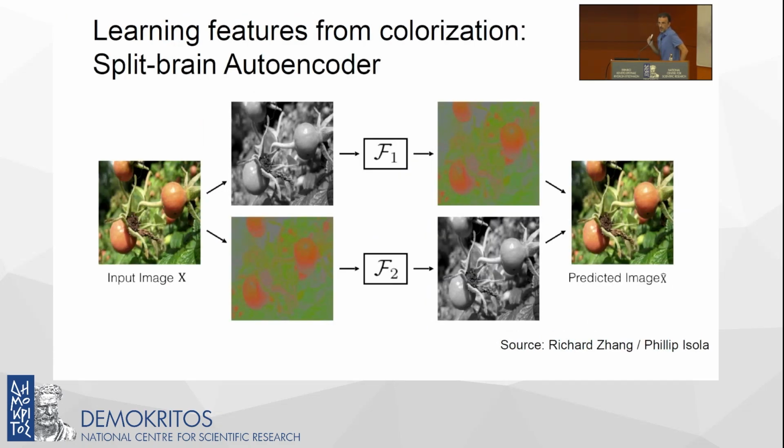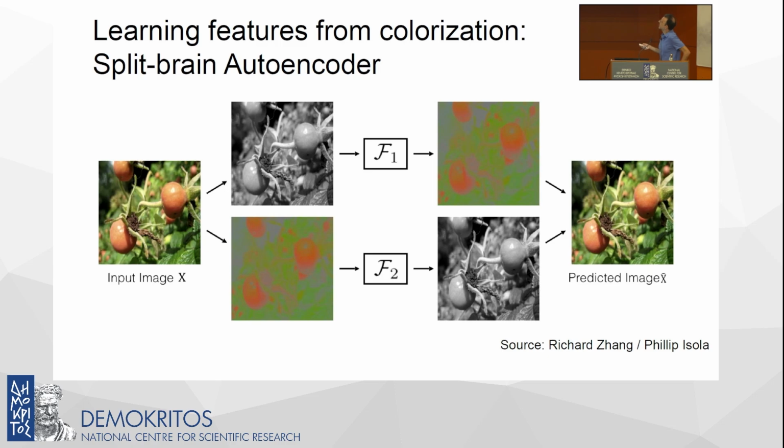Now, I want to make a note here regarding the colorization approach. One disadvantage was basically that we were training a network that was only using the grayscale information. So it was throwing away the color, right? Which is suboptimal because we want to work with color images. So one way to address this is by using a so-called split brain autoencoder approach, in which case you do the following.